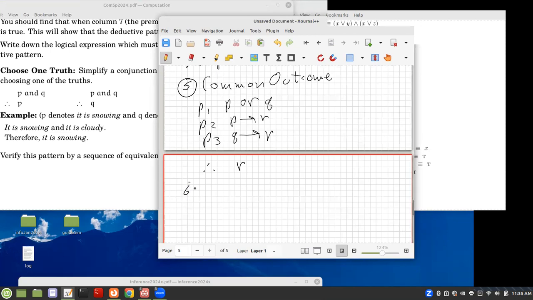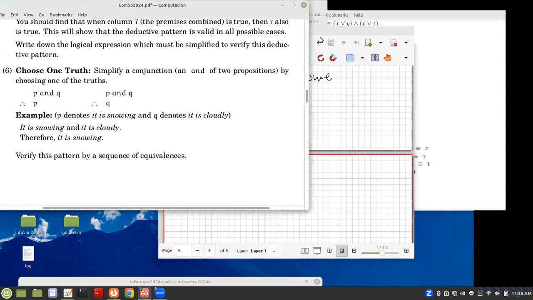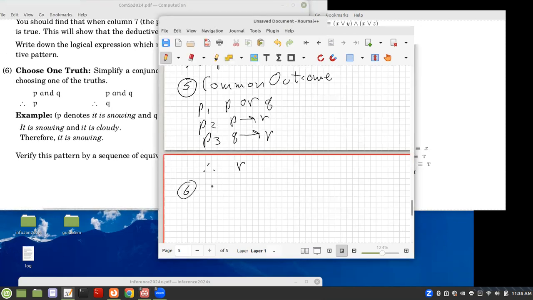Number 6 out of 8 is called choose one truth. Okay, so here the premise, there's only one, unlike this one, which had 3 premises and a conclusion.